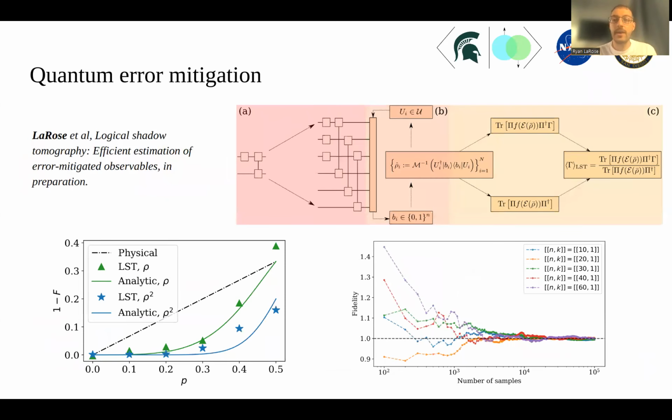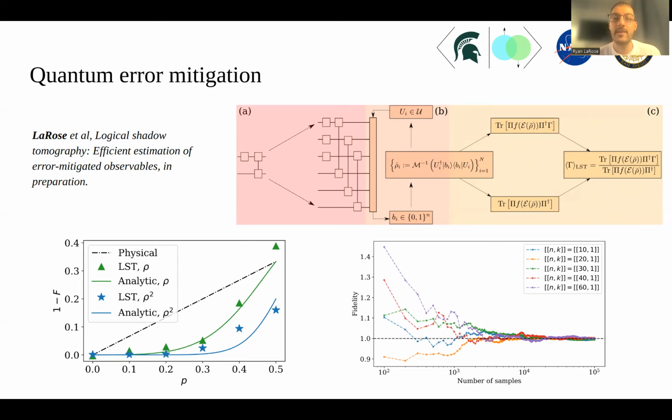Okay, and just very quickly, this one is not in Mitiq yet, but just still in the prior work section. We've also developed some new techniques, or maybe framework is a better word, for doing error mitigation here. So this one we call logical shadow tomography, also published now. Slide is old.